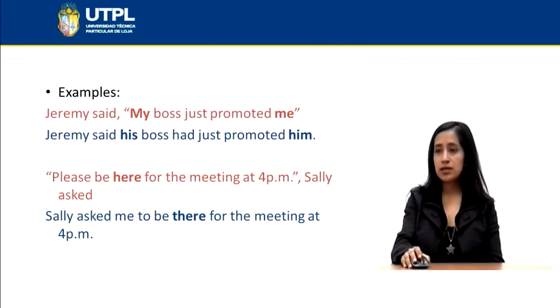Another example we can use is, please be here for the meeting at 4 p.m., Sally asked. In the indirect speech, we'll say, Sally asked me to be there for the meeting at 4 p.m. You can notice we are changing here to there because we are reporting what Sally said. Thank you.